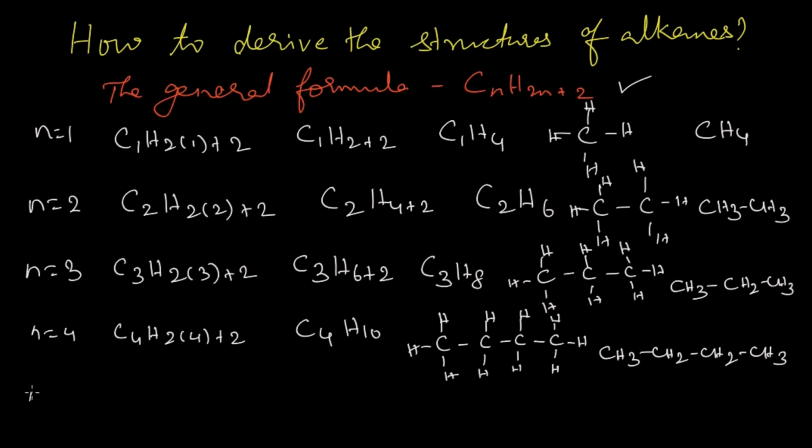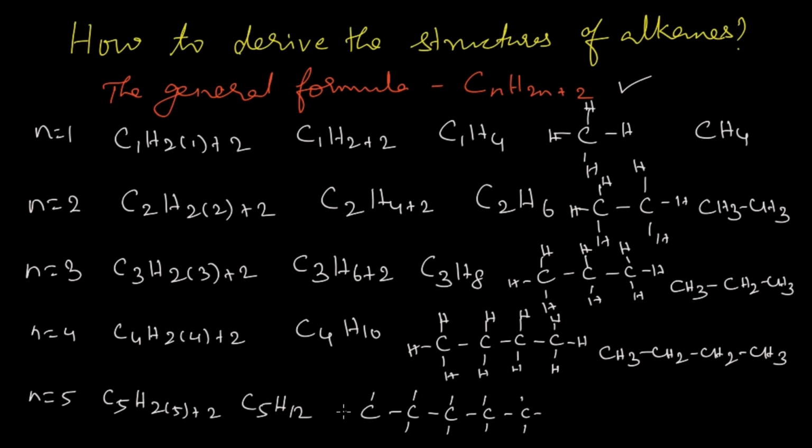Now n is equal to 5. C5H(2 into 5 plus 2), that is C5H12. So 5 carbons in a linear manner, and all those bonds should be filled with hydrogen. Just count it, that will be 12 hydrogens exactly.